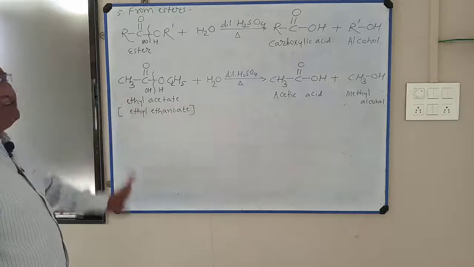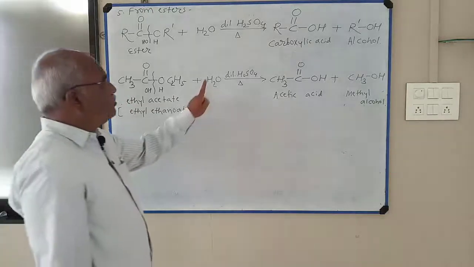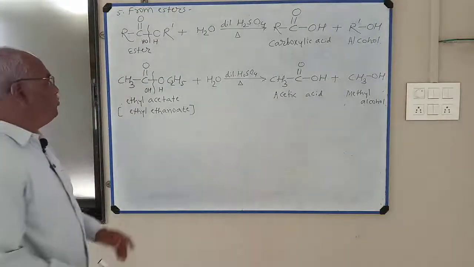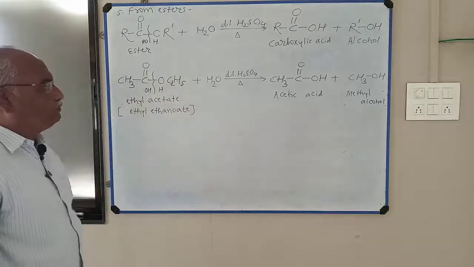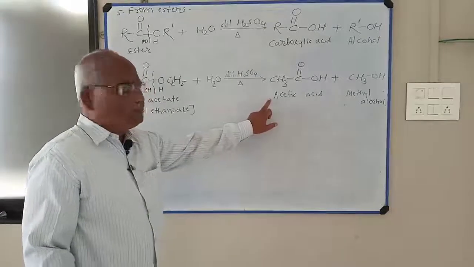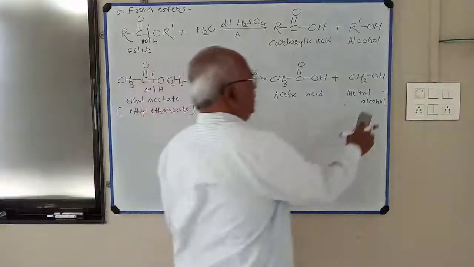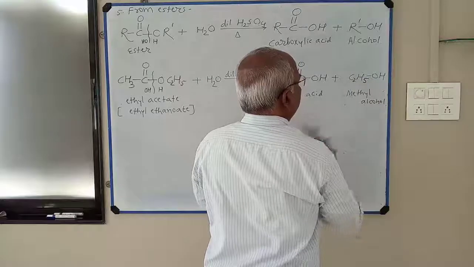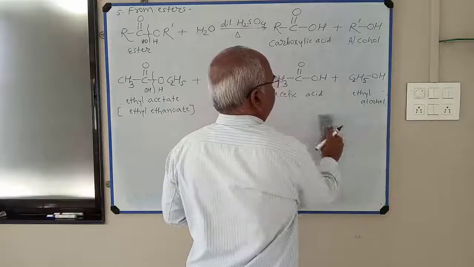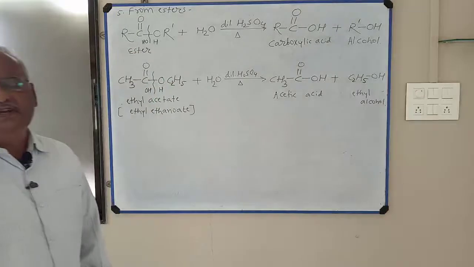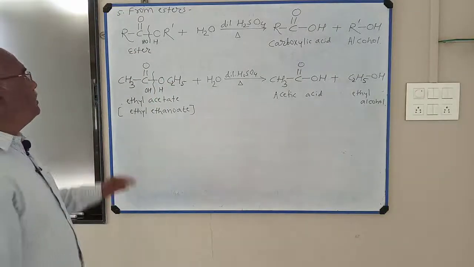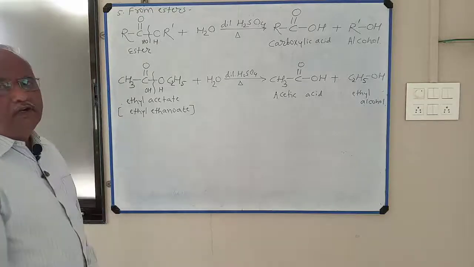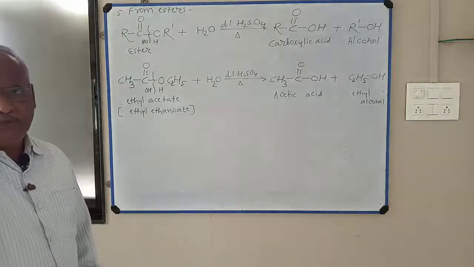Hydrolysis of ethyl acetate is carried out by boiling with dilute H2SO4. The bond undergoes cleavage here, and acetic acid is the main product, and C2H5OH, that is ethyl alcohol, is another product. So remember, this is the method of preparation using acid.